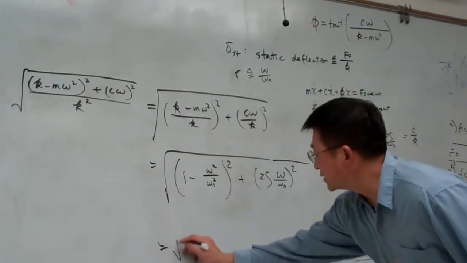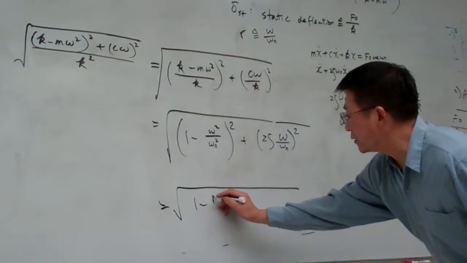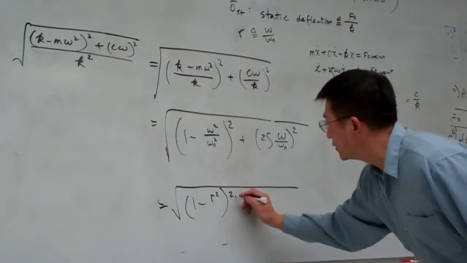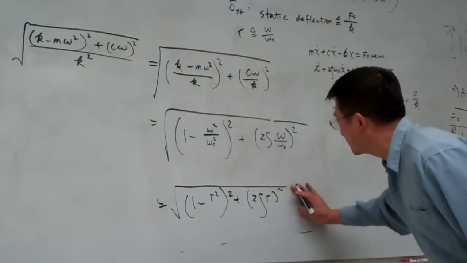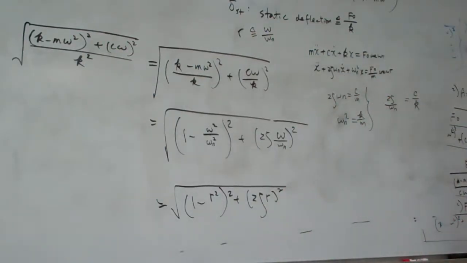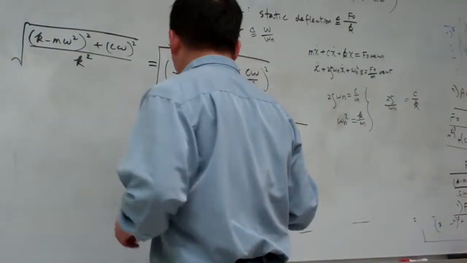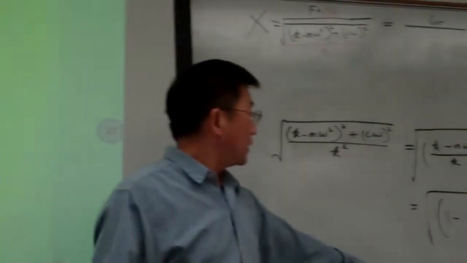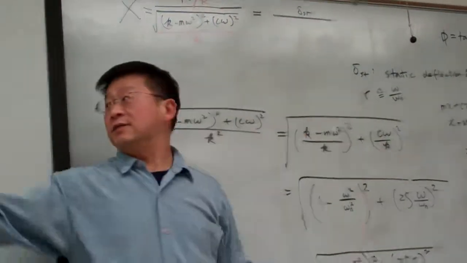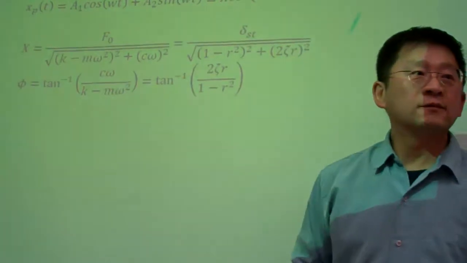From here you can see the denominator becomes the square root of (1 minus r squared) squared plus (2 zeta r) squared. That is what we have here. The denominator is this form, and the numerator is delta st, just like we have here.